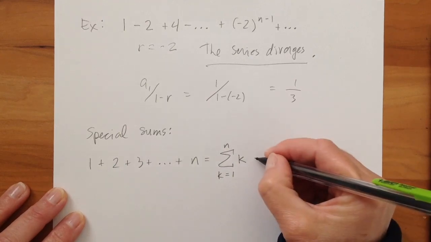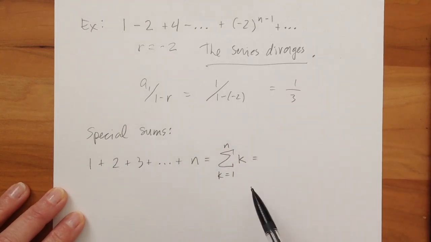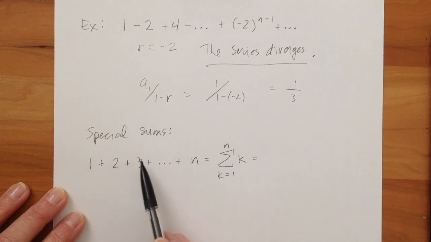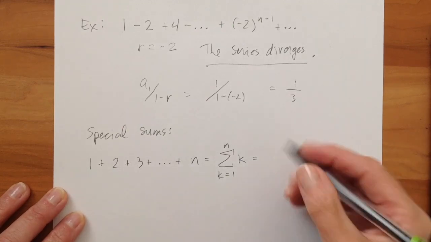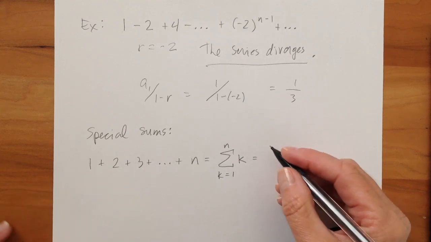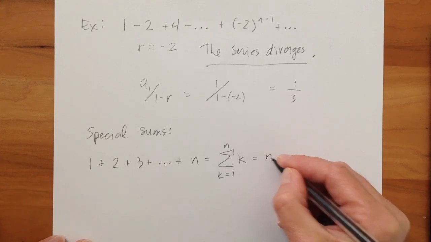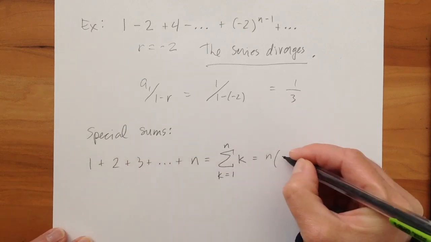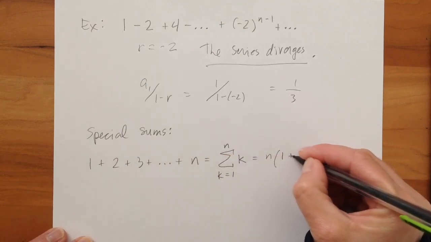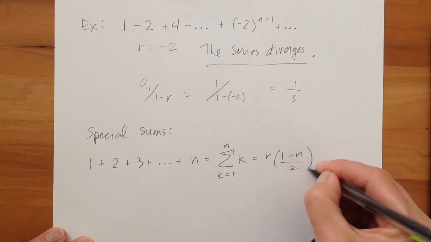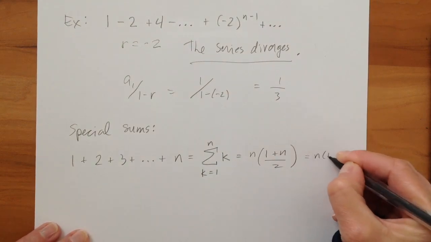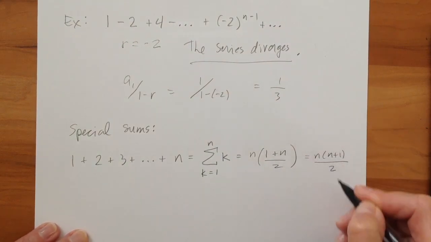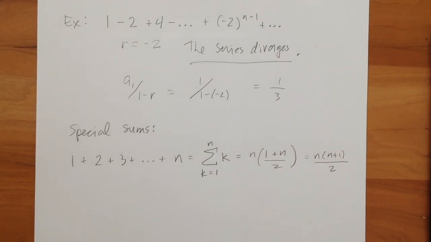And that's in fact an arithmetic series where the common difference is 1. So we have a formula for that. It's the number of terms, n, times the first term plus the last term, divided by 2, which we can write as n times n plus 1, all divided by 2. This is how I have it memorized.